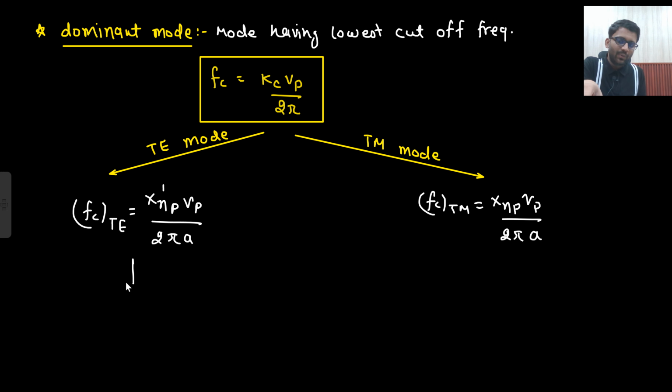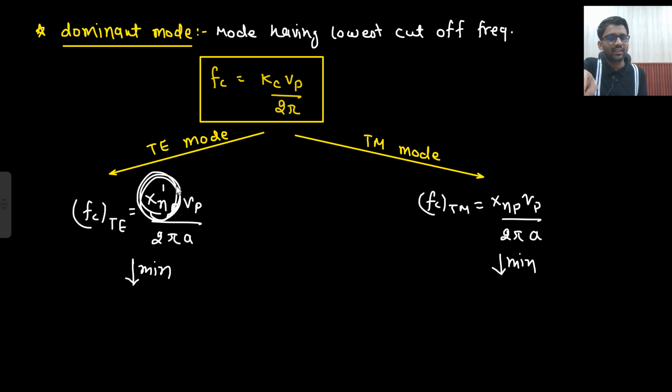Now if I need this to be minimum, what will I require? Look, this a is constant, this is the radius of your circular waveguide. Vp is also constant, this will be the phase velocity. 2 pi is also constant. 2 pi a Vp, everything is constant.